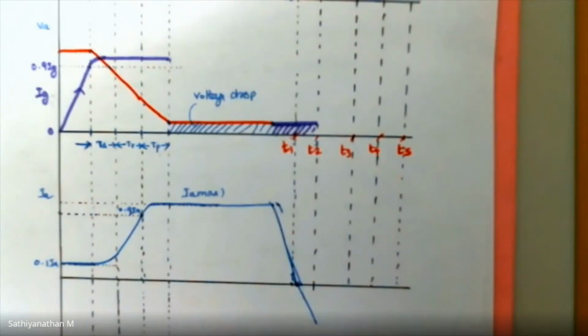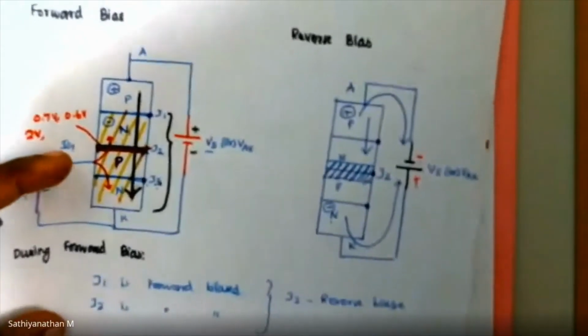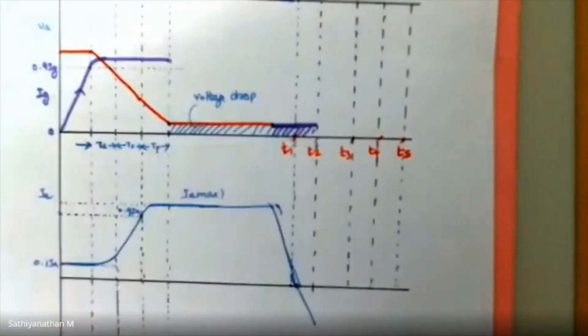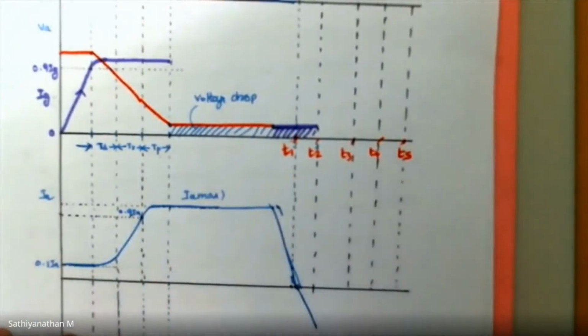The current is now reversed to neutralize the electrons and holes, so it is flowing in the opposite direction. So you are getting a negative direction current during the T1 to T2 time period.